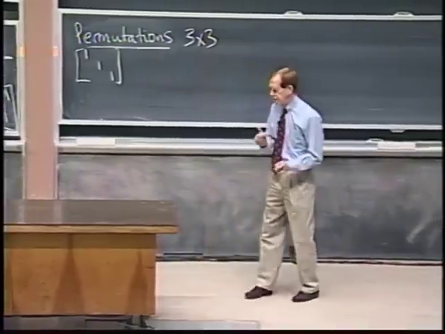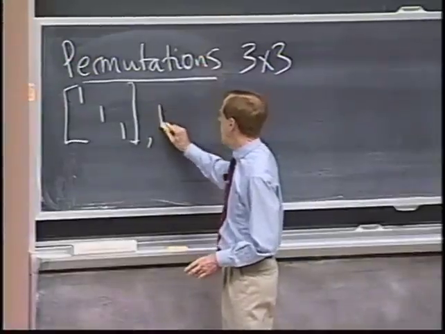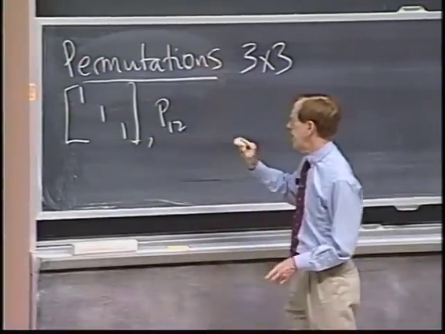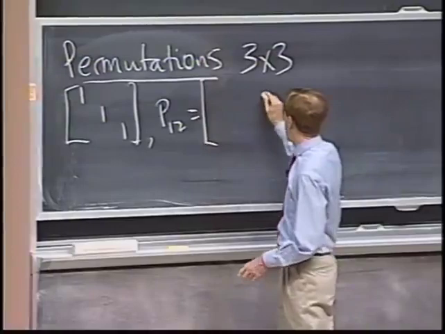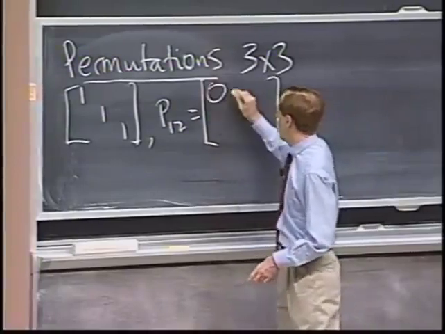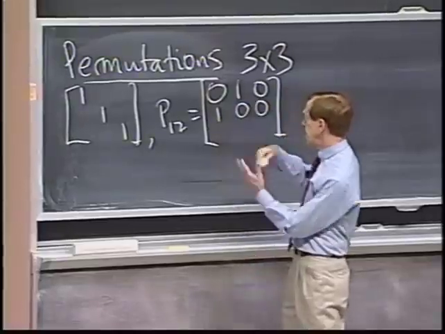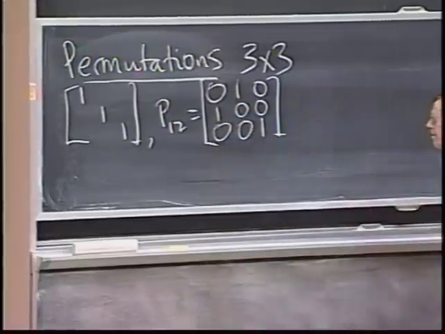Now, what's the permutation matrix that exchanges rows? What is P12? The permutation matrix that exchanges rows 1 and 2 would be 0, 1, 0, 1, 0, 0, right? I just exchanged those rows of the identity, and I've got it.